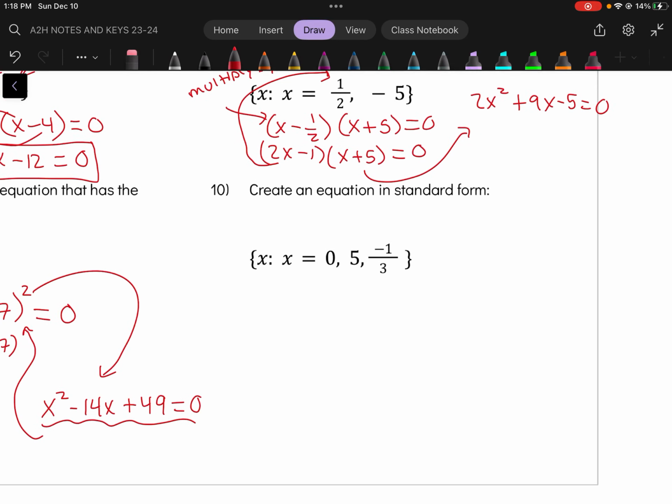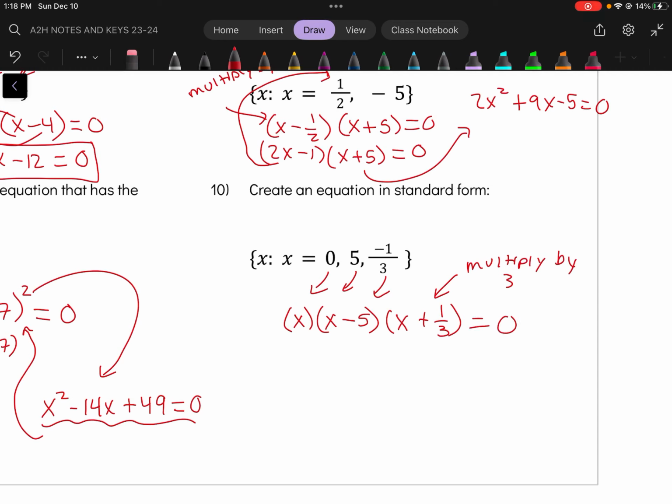Okay. Last but not least, this has 3 solutions, and you should have put a factor of x in the beginning, right? Now you might have started with this, but what I would say is multiply this one by 3, right? Multiply by the denominator so that you create an equation with no fractions, right? So you're left with x minus 5, and 3x plus 1, right?